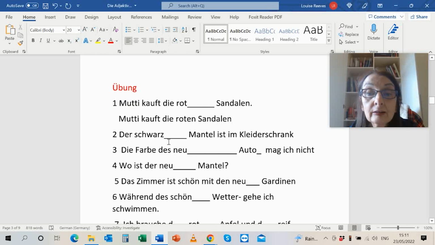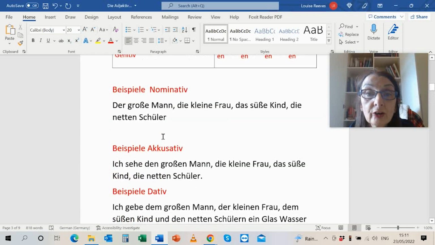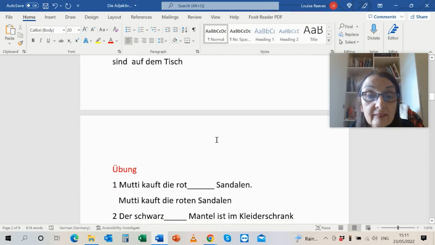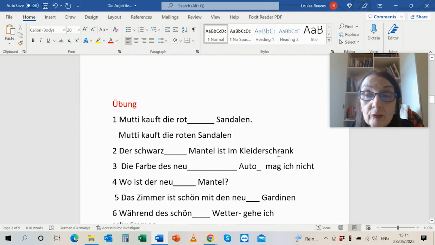Der Mantel ist im Kleiderschrank. What's a Kleiderschrank? A wardrobe. So this is a nominative masculine. So to flick back up here, my nominative masculine, e. We keep at this until you can really get it.